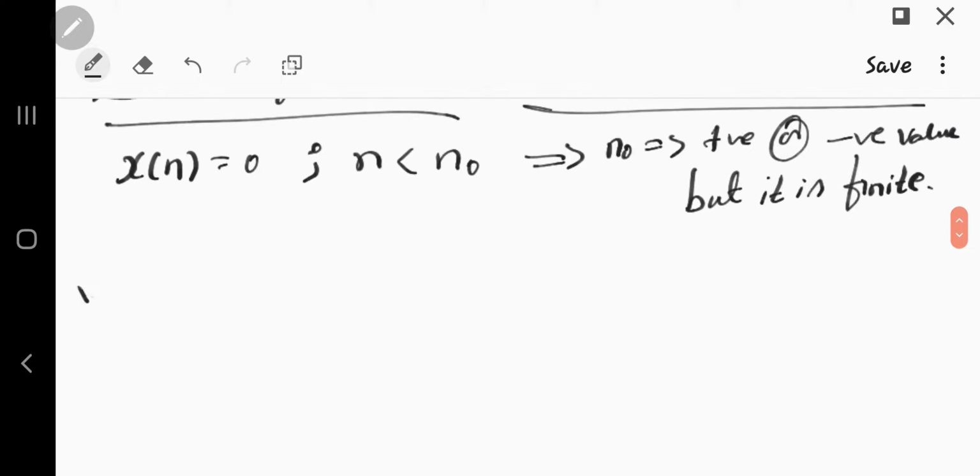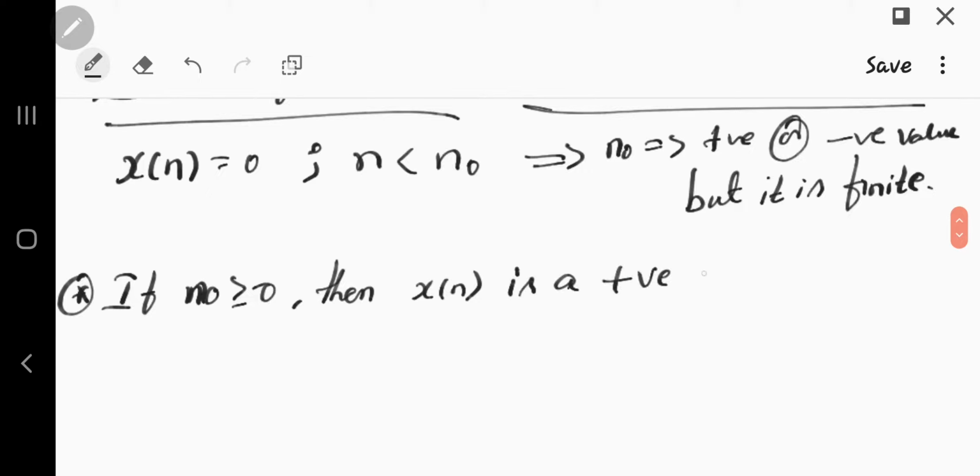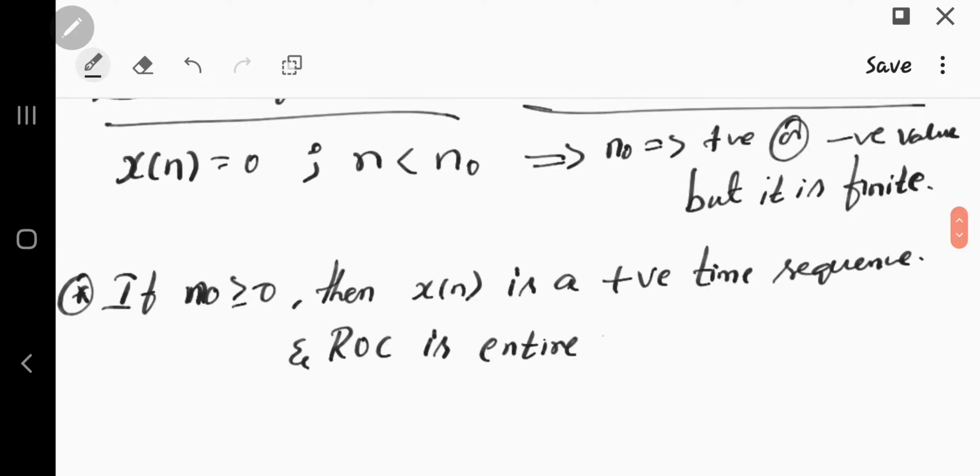Based on that, in the first case, if this n naught is greater than or equal to 0, that is positive, then x of n is a positive time sequence, and the ROC is the entire Z plane except at Z equal to 0.